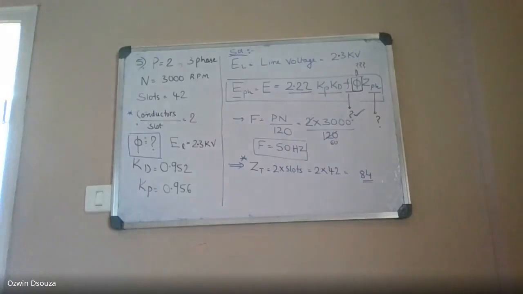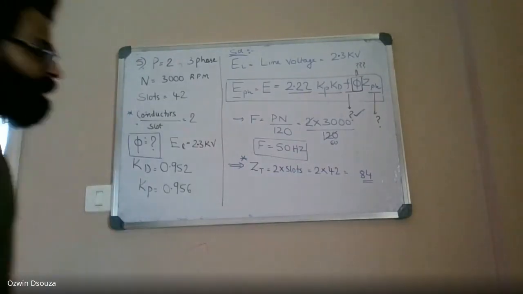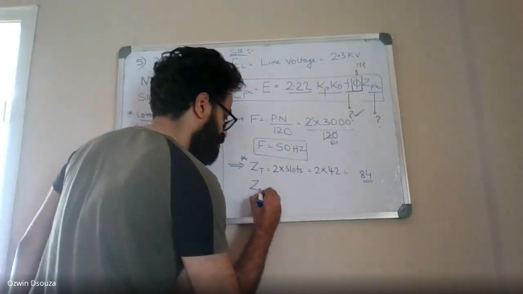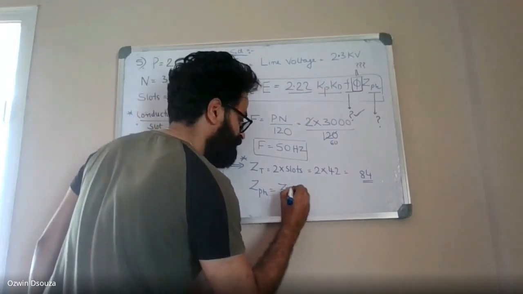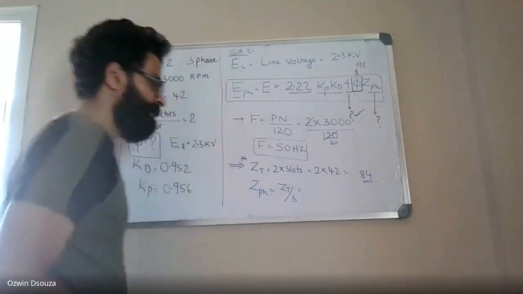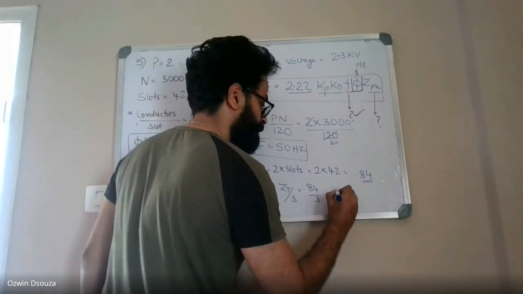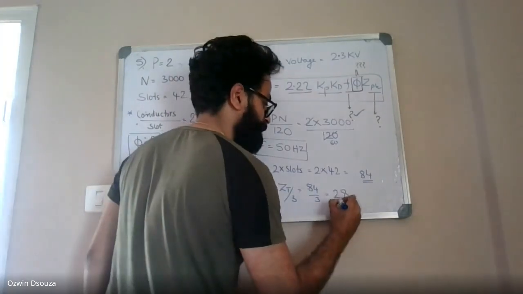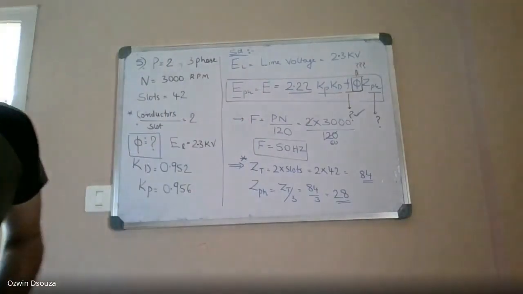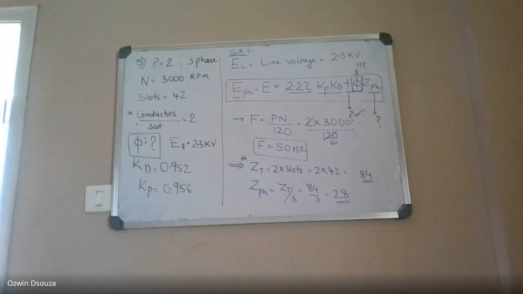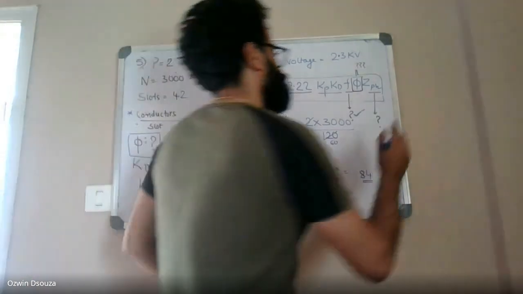Z total is 84, and therefore Z phase is equal to Z total divided by 3. So 84 by 3, 28. Okay, so that's your Z phase. So Z phase is also found.